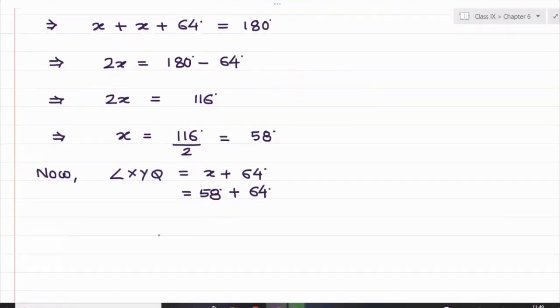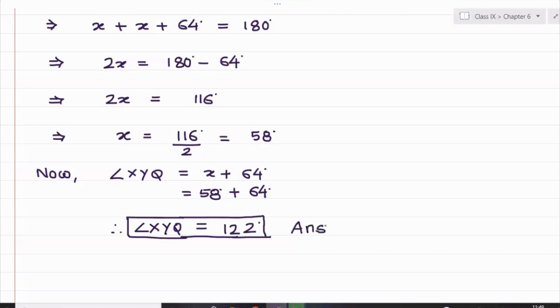If I add both of them, the value of angle XYQ is equal to 8 plus 4 is 12, carry 1, 7 plus 5 again 12. So I think according to me its answer will be 122. Right? So this is our answer number 1. Now let us see how we can find the second answer. Here you can mark answer number 1, so it is easy for the examiner in the examination to locate the answer quickly.